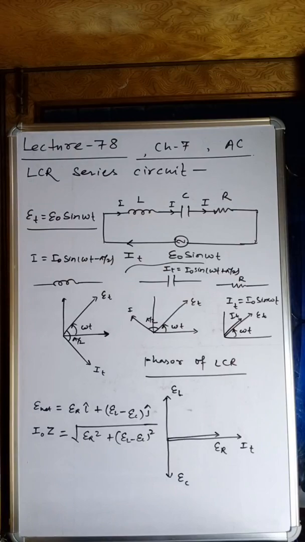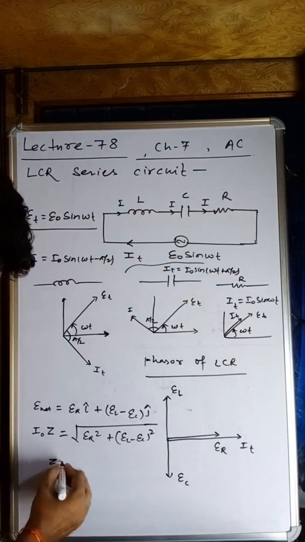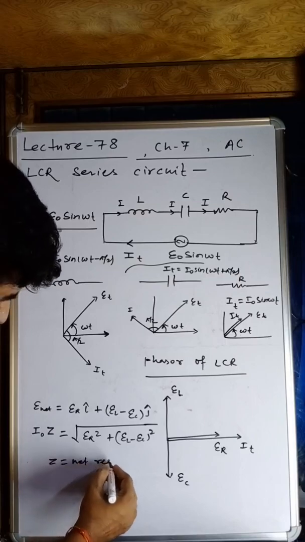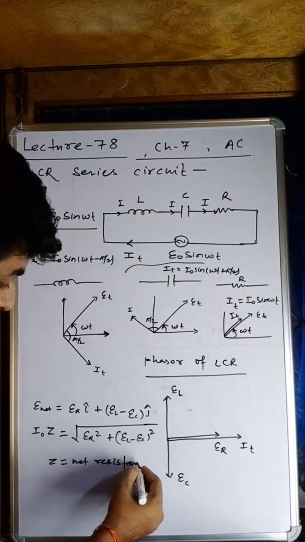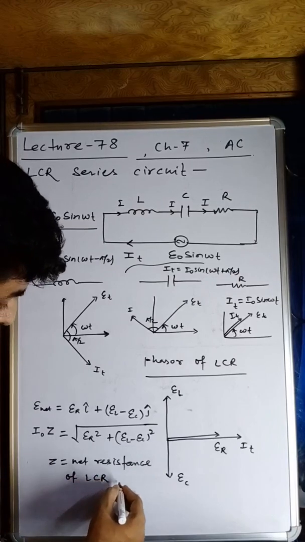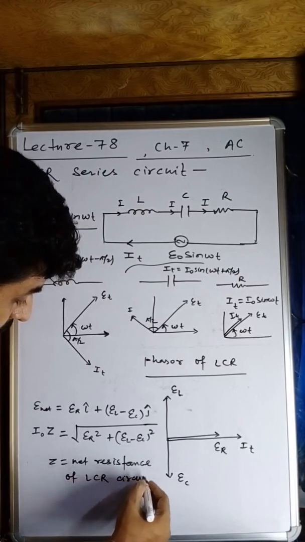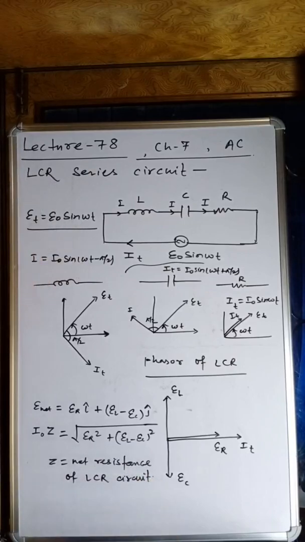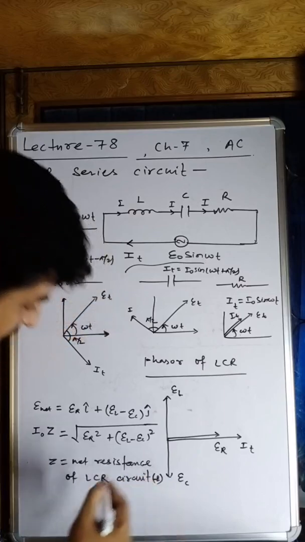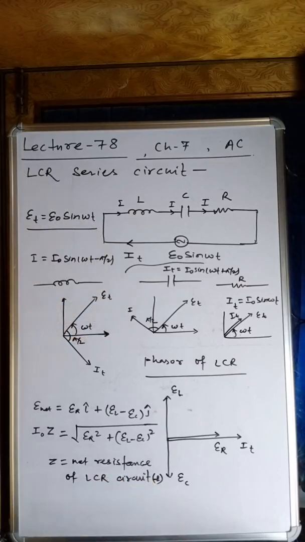What is this Z, my dear students? Z is nothing but the net resistance of the LCR circuit, and its unit will be the same as resistance, that is ohm.